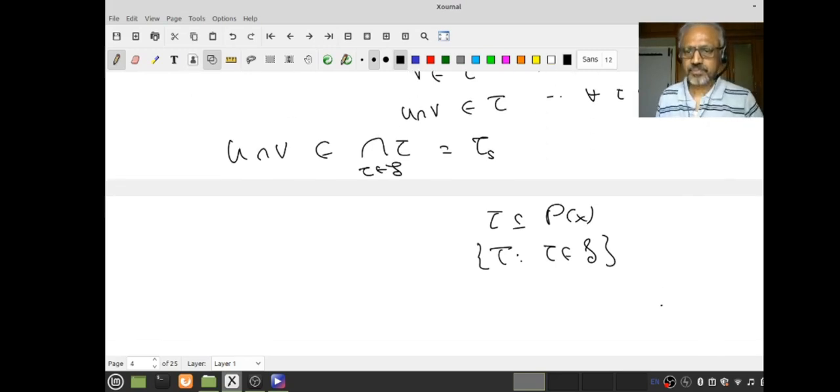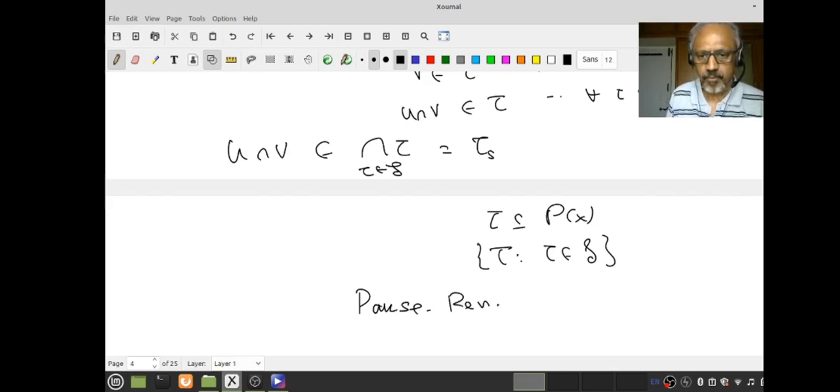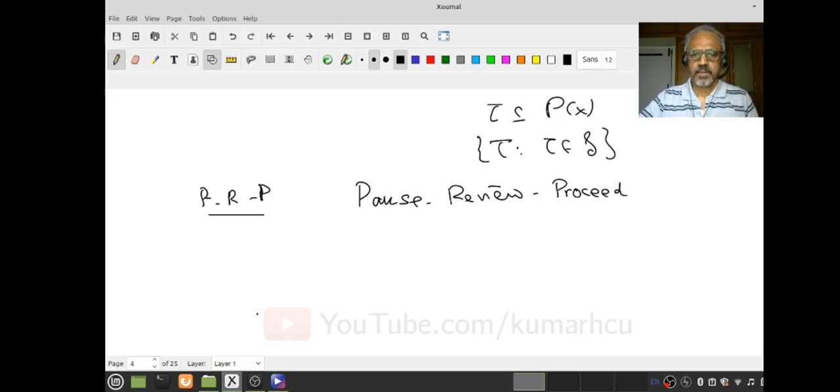Okay, anyway, pause and review. So we have proved the intersection of any non-empty collection of topologies is again a topology on the set X.